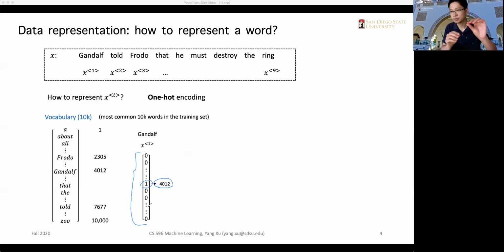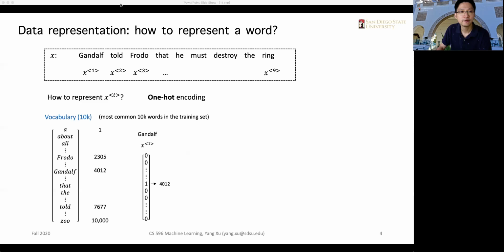So the total number of elements in that vector x1 is 10,000, but there's only one 1 among the elements, and all the other 9,999 elements are 0. Because we want to indicate that this vector represents the unique word Gandalf. So that is the so-called one-hot encoding for this word Gandalf.